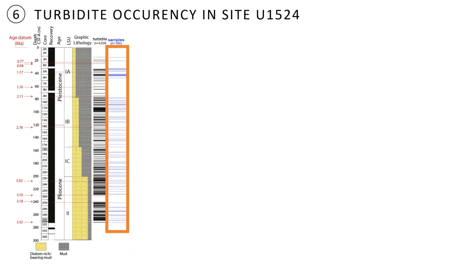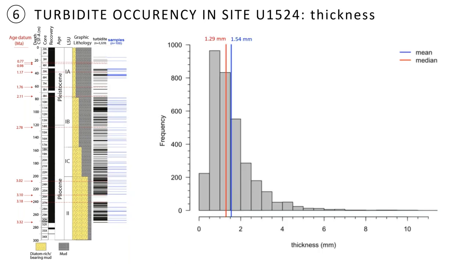And here are the samples that we took from 100 of them. And this shows the average thickness. In general, it moved from less than a millimeter up to even 2 centimeters, but the average was around 1.5 millimeters.